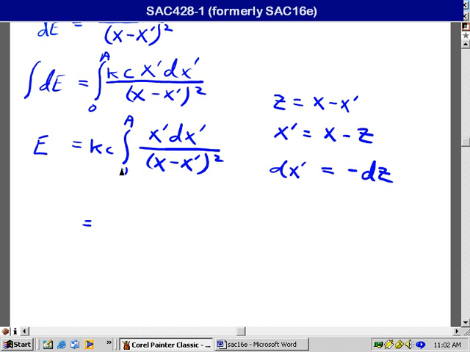Let's get the limits of integration here. I'm integrating over x prime, not x. When I integrate over x prime, when x prime is 0, z is just x.